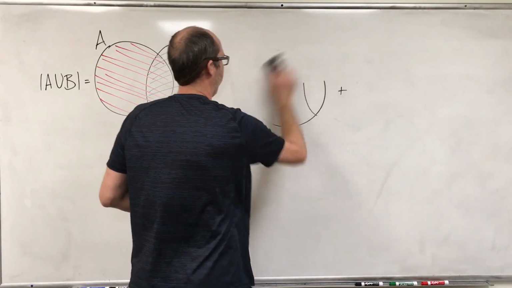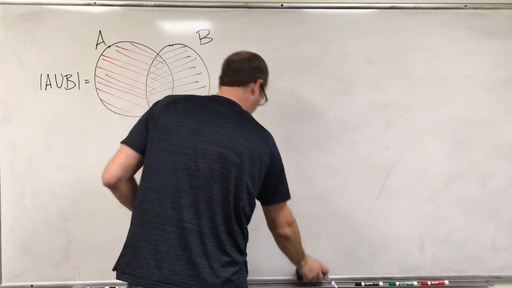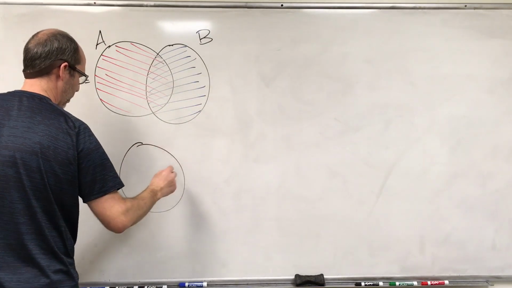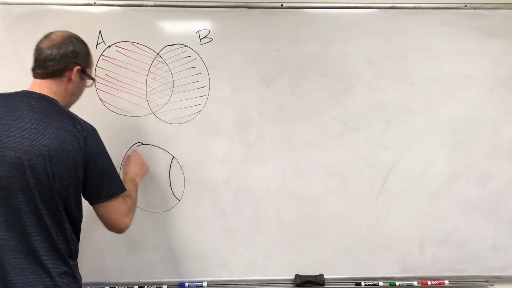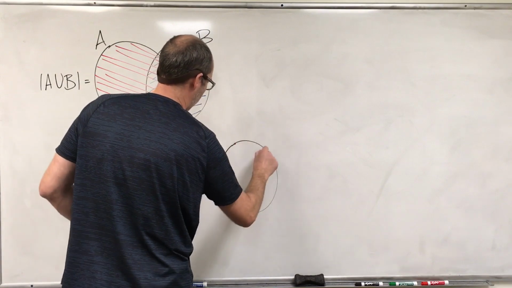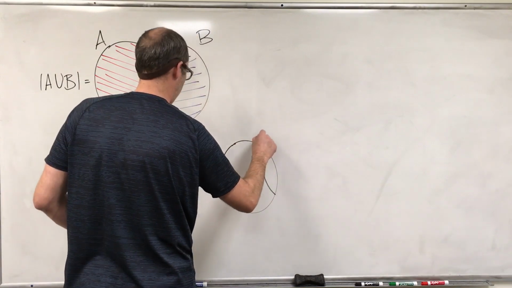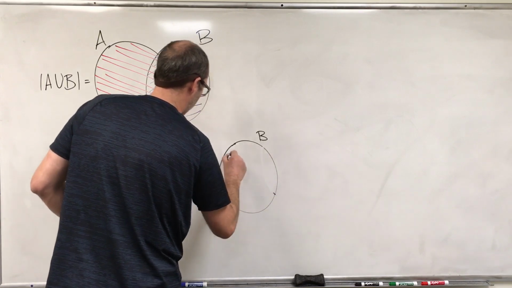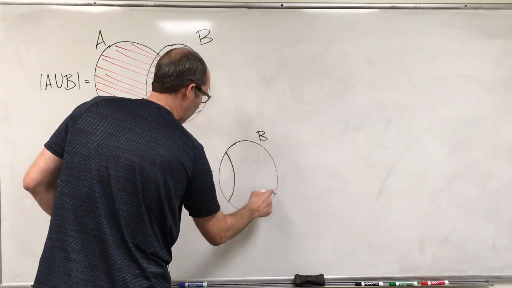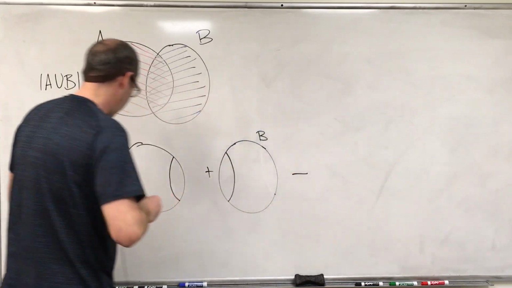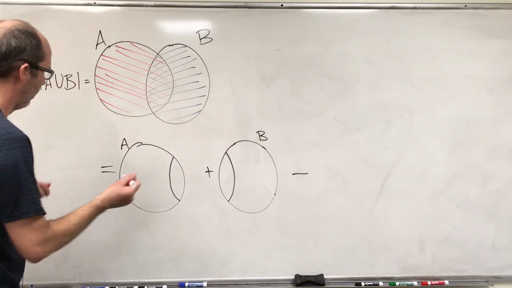Let me write it like this. Wait, that doesn't make sense, so it's this way. Minus, we'll figure out what we have to subtract off.